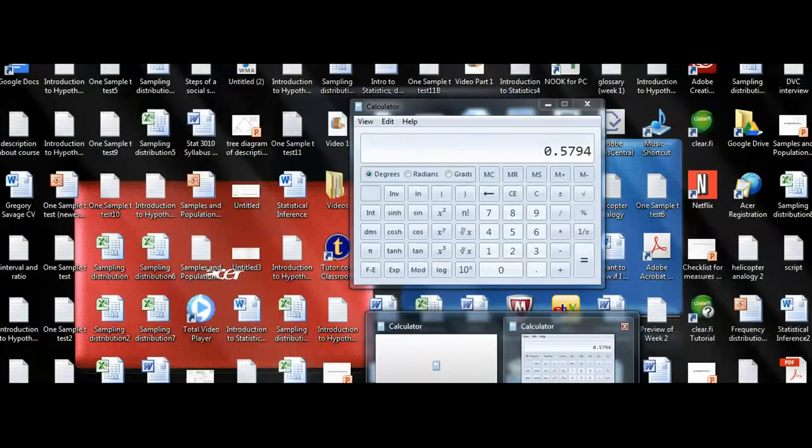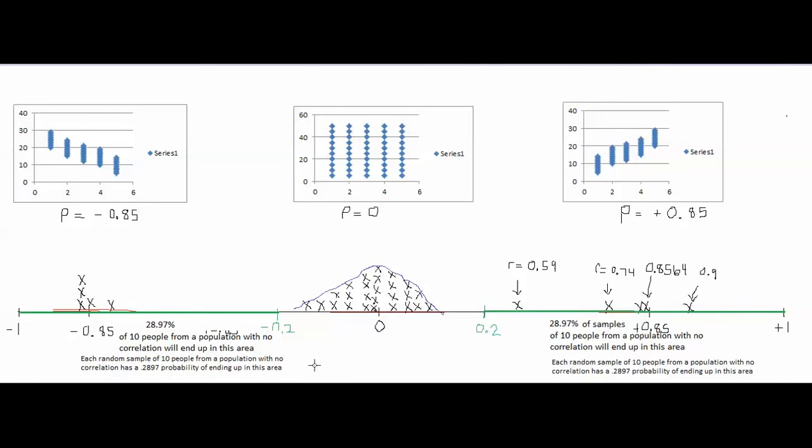In other words, there's a 0.5794 probability that the sample won't end up in this middle area and will instead end up in one of the two green areas. And the total of these two probabilities that we just calculated is actually something called a p-value.